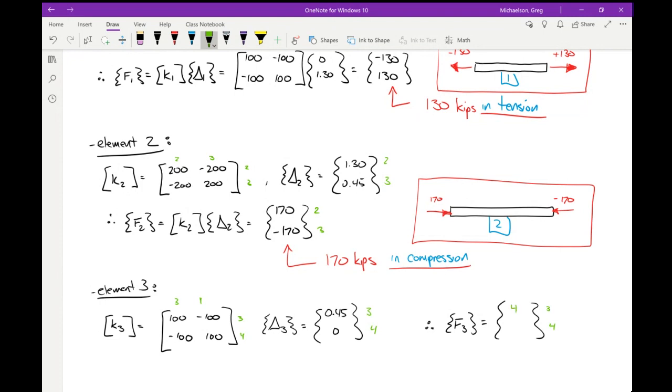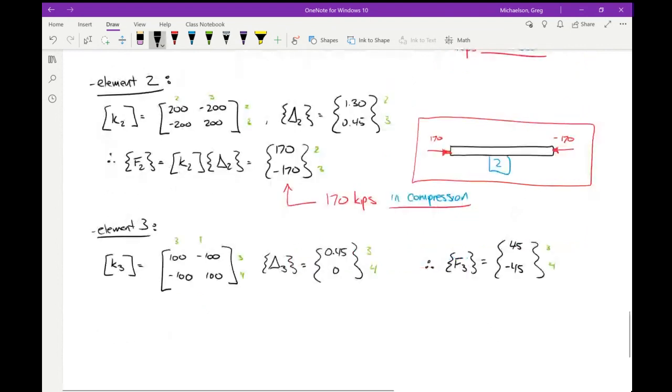Yeah, 45 and negative 45. That's exactly right. Now, can somebody just look at that vector and tell me whether or not that's going to be compression or tension? It's compression. That's exactly right.